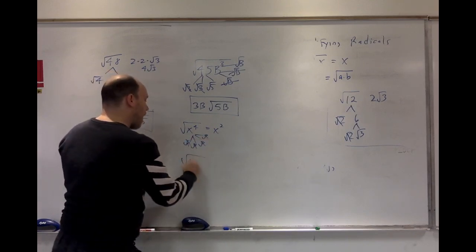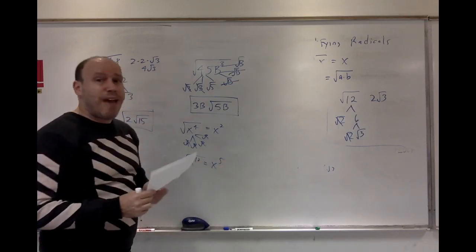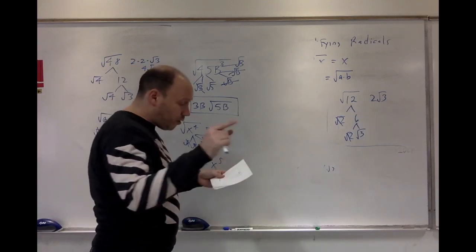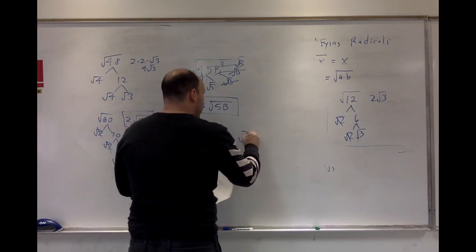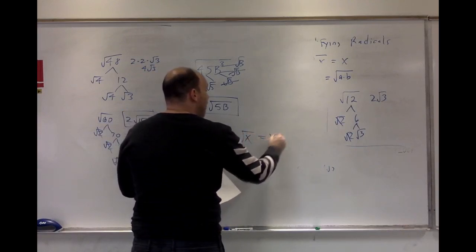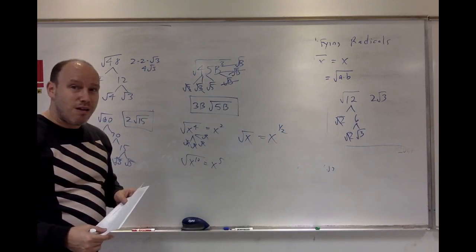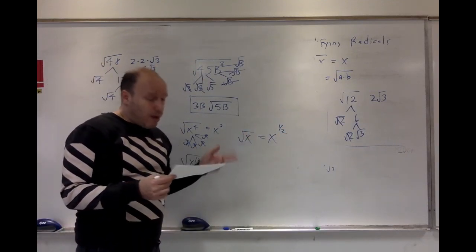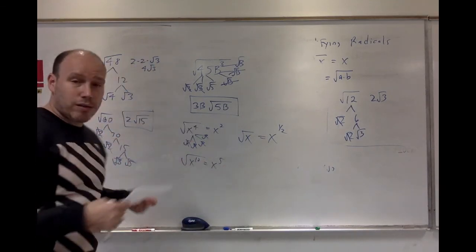You might discover that the square root of x to the 10th equals x to the 5th, an advanced topic, right? And we'll talk about it. You need to know this if you're going to take analysis. But it turns out that the square root of x can be written as x to the 1/2 power. Right? That's kind of interesting. A little advanced. Anyway, I gave you a worksheet to practice the radicals.